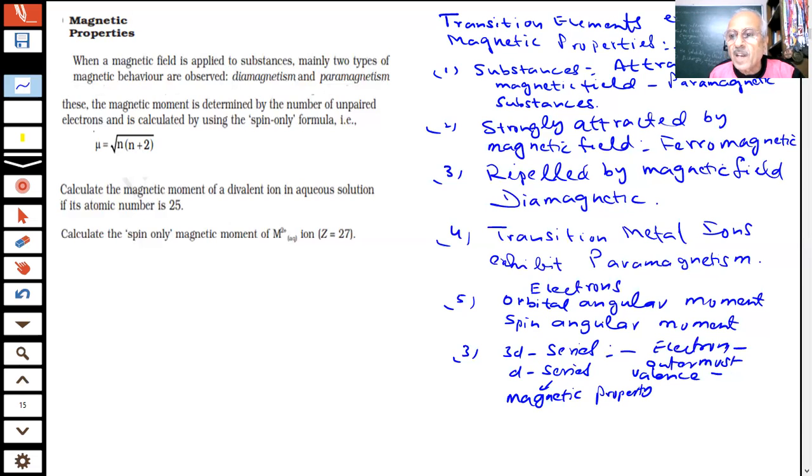And this orbital angular momentum is not important for them. The orbital angular momentum contribution is negligibly small.